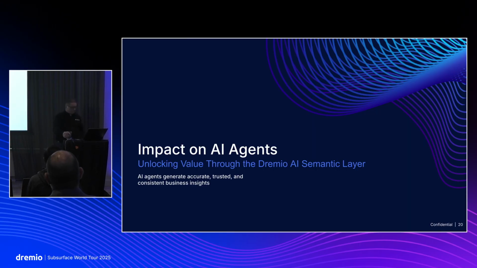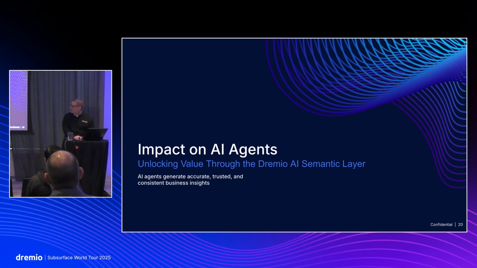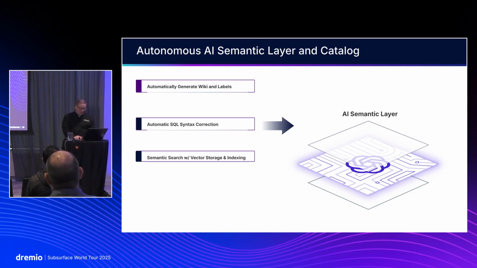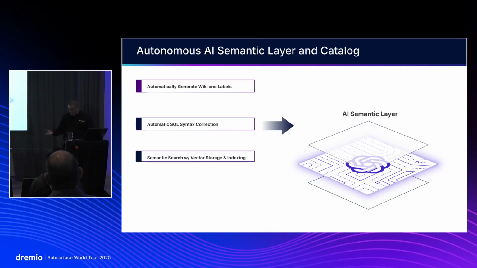All right, and so finally we're going to talk about what the impact is on AI agents with regard to this. One thing we haven't really mentioned yet is the semantic search, right? You can think of that as also part of this semantic layer, if you will, because it's going to become important for AI agents.